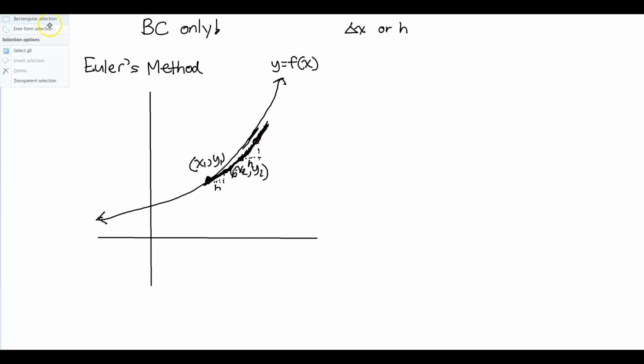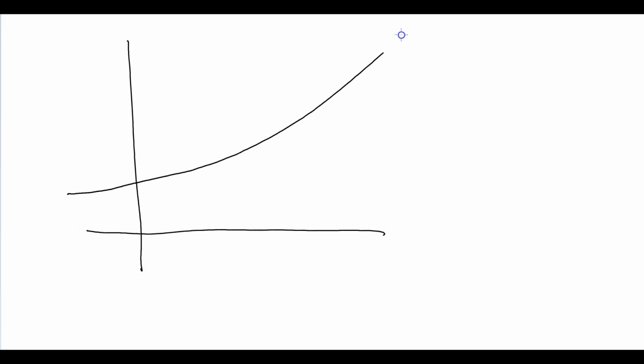Okay, so let's do a really good zoom in. This is our point. And let's say this is our step size. Okay, this is x1, y1.